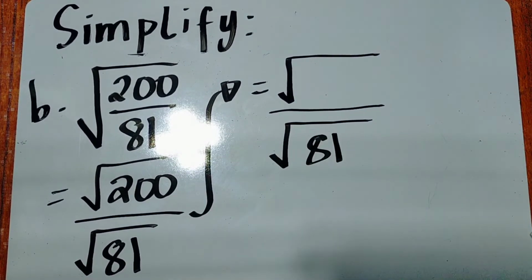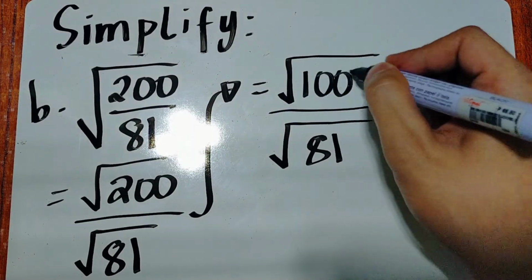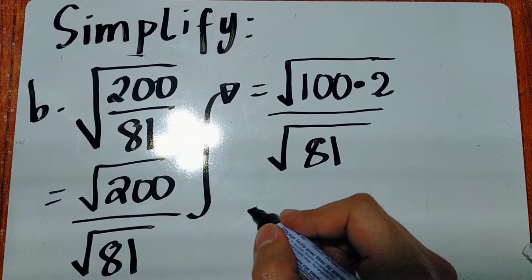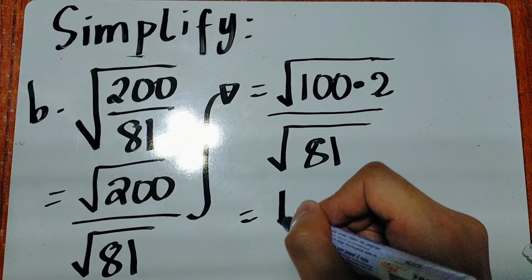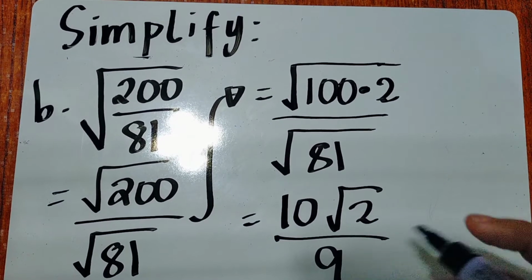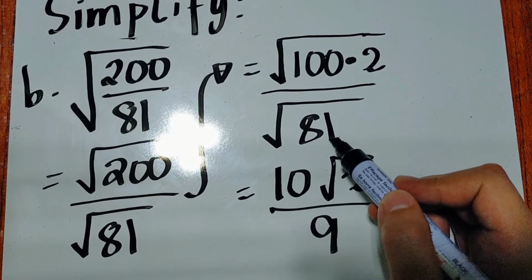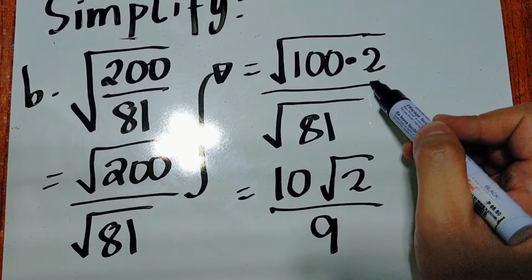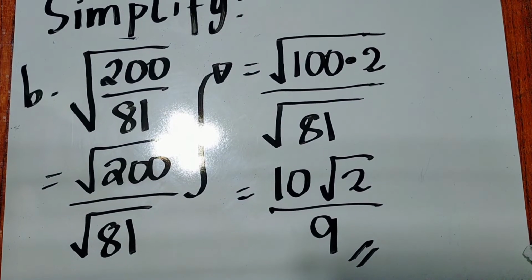The perfect factor that we are looking for is 100 times 2. So, we can simplify this given as 10 square root of 2 over 9, dahil ang square root ng 100 ay 10 at ang square root ng 81 ay 9. Kaya ang natira na lang sa loob is yung 2. So, that is the final answer.